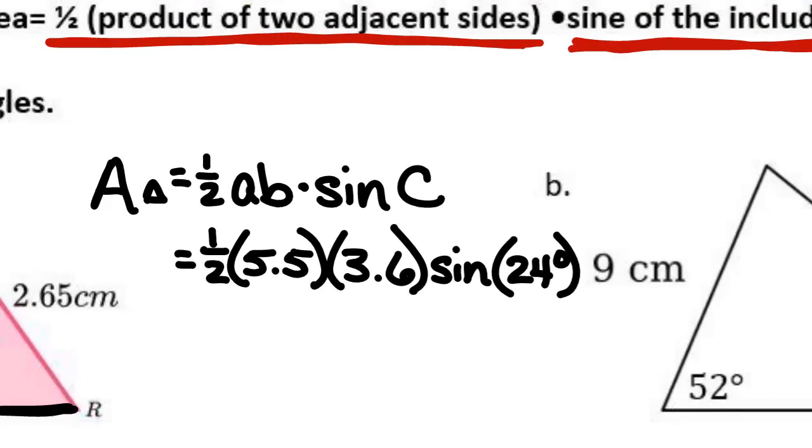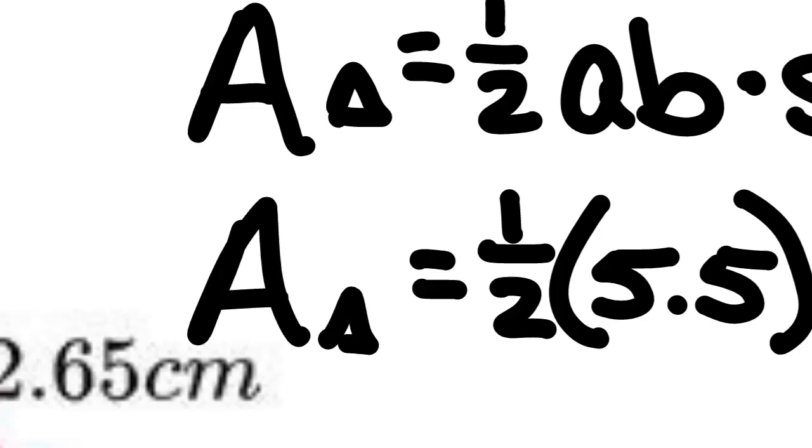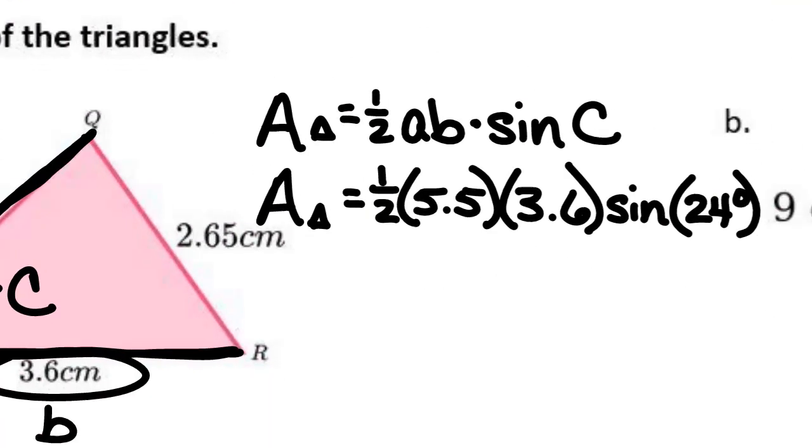Once I get everything substituted into my formula, I'm now going to grab my calculator and type it in just like I see it. You can put in the fraction 1/2, or you could use 0.5 for that first value. And then inside parentheses, you're going to put one side length, 5.5. Inside a second set of parentheses, you're going to put 3.6. Close that second set of parentheses, then hit the sine button. If you don't remember where that is, it's right here next to the pi button on your calculator.